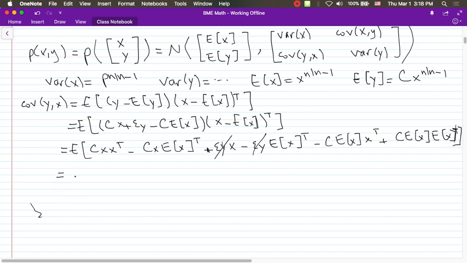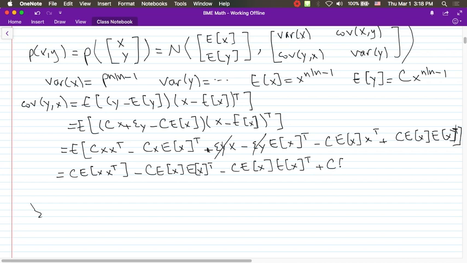So here's what I'm going to get. C times expected value of x x transpose, minus C expected value of x expected value of x transpose, minus C expected value of x expected value of x transpose, plus C expected value of x expected value of x transpose. So this and this are the same thing.